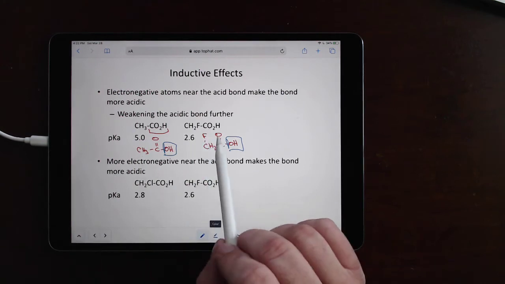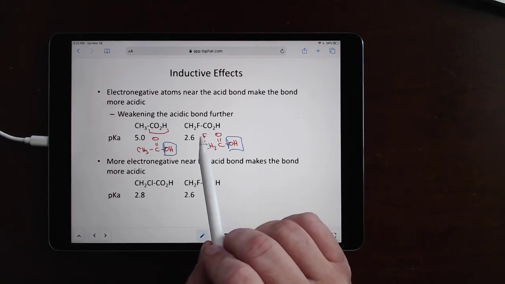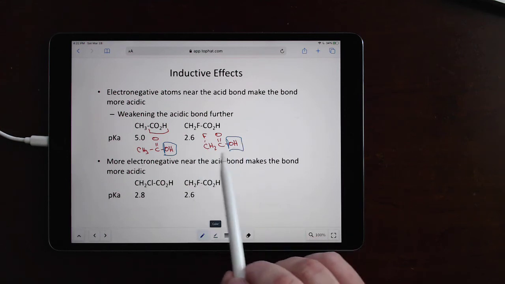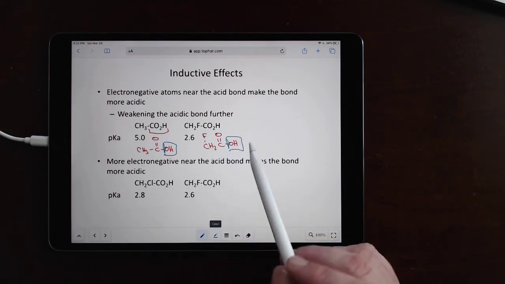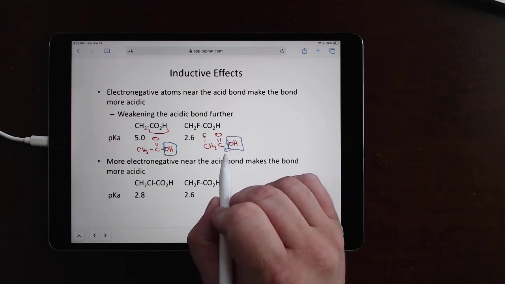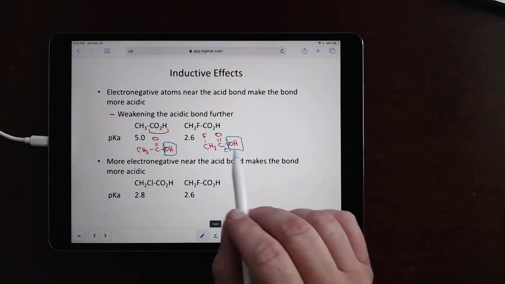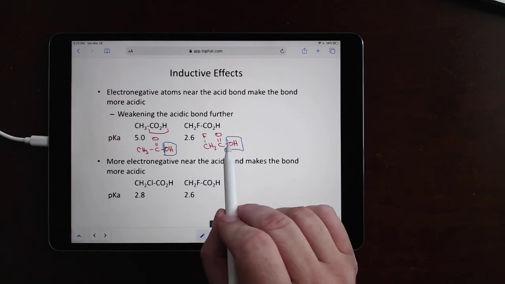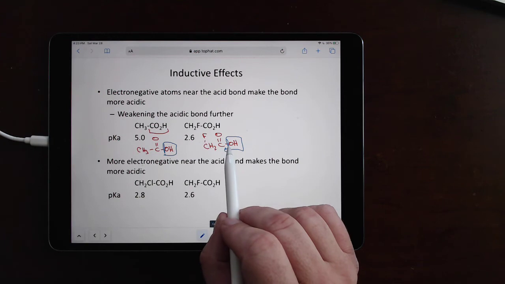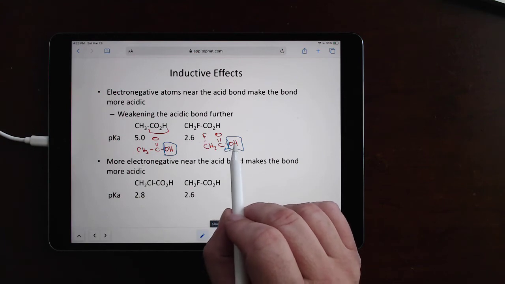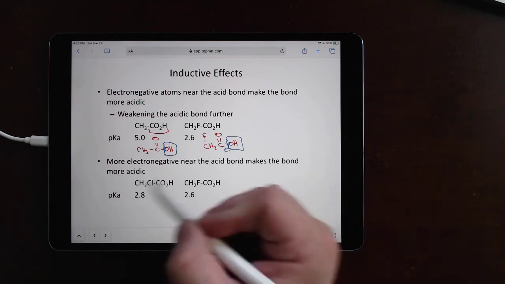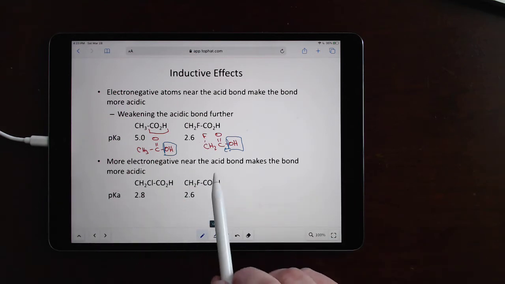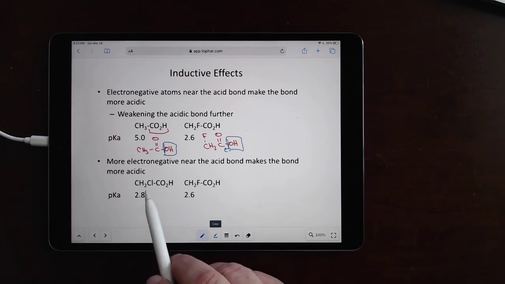But this one has something more electronegative near it, so this one is going to be more acidic, because the electron density is literally getting pulled towards the fluorine, and so it weakens that bond because there just simply aren't as many electrons between the oxygen and hydrogen. And the more you have, and the more electronegative it is, the more acidic it is.